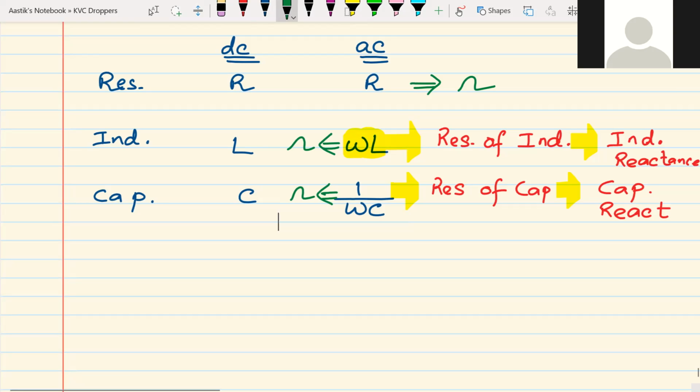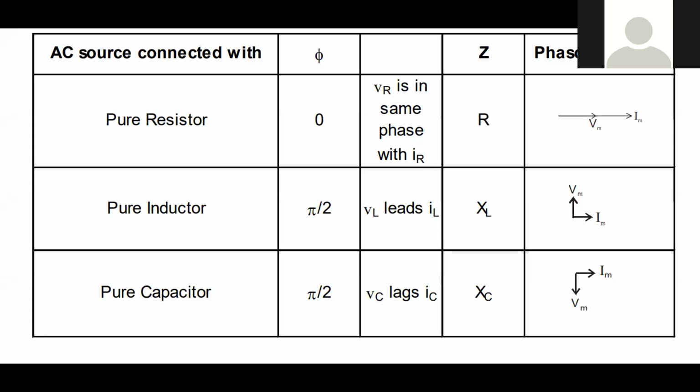So now again, I will show you in a table the same thing. Do you see this? Yes, sir. We have a pure resistor. In a pure resistor, phase difference is 0. Voltage and current are in the same phase.